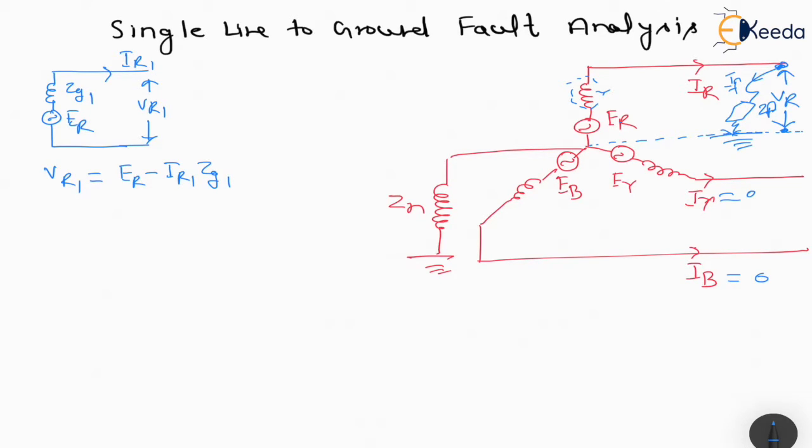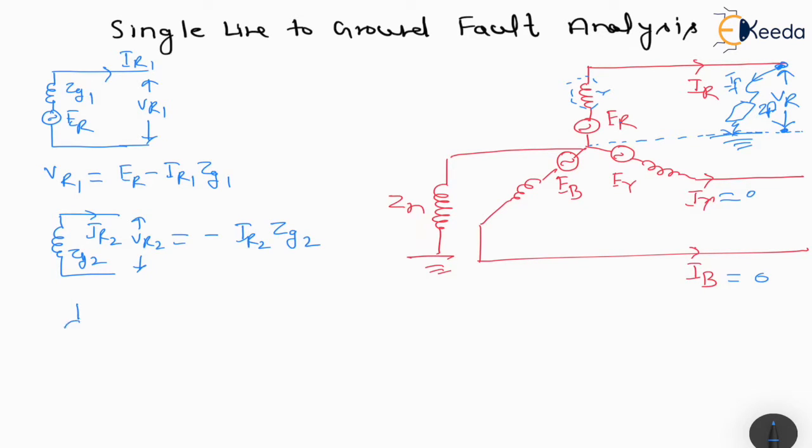Same in the case of the negative sequence network. We know the formula, this is IR2 and this is ZG2. So we can write VR2 value is equal to minus IR2 into ZG2.